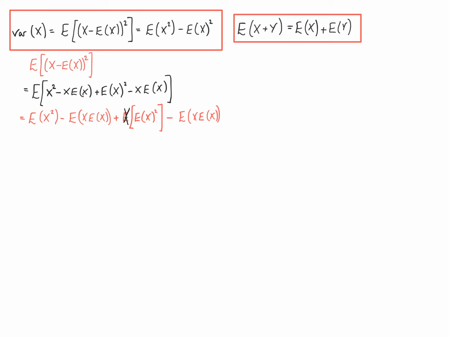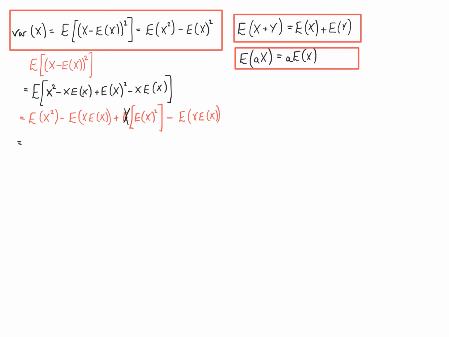So what other rules do we have about expectations? Well, we also know that the expectation of any constant times a random variable is equal to that constant times the expectation of x. And we've got a constant E of x included within the expectation, so we can take it outside.